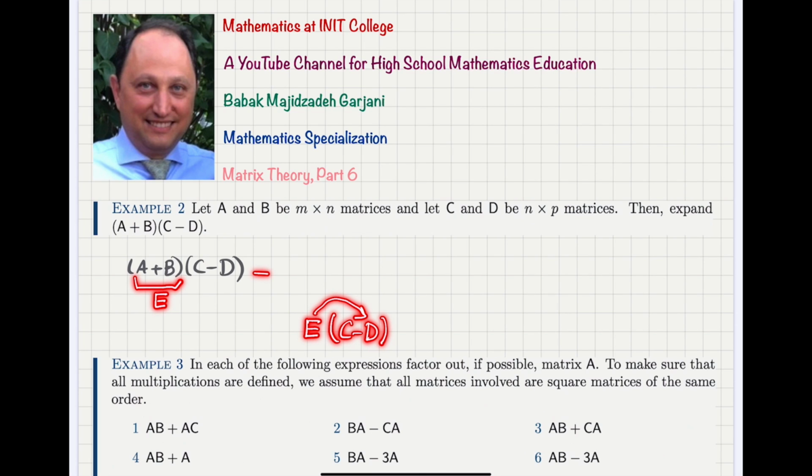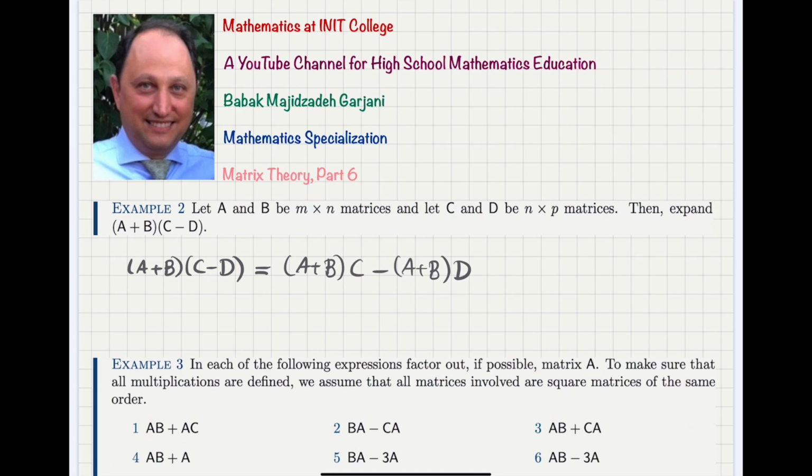So what happens, it becomes E times C minus E times D. But then E is this matrix, so let us not spend time to write two things, okay? Instead of E's here, I put A plus B. So it becomes (A plus B) times C minus (A plus B) times D. This is the first version of distribution, the first rule, distribution from the left.